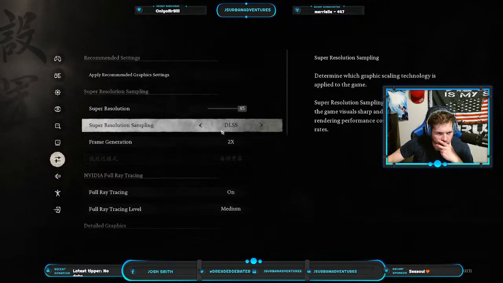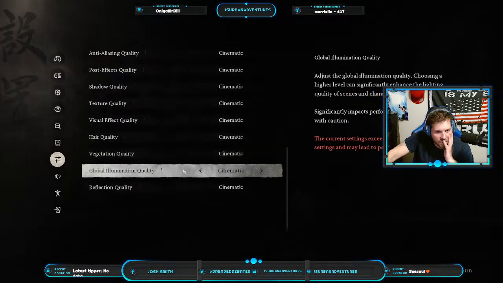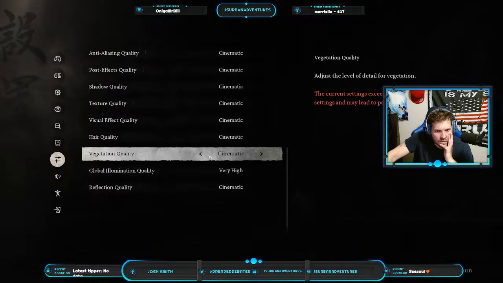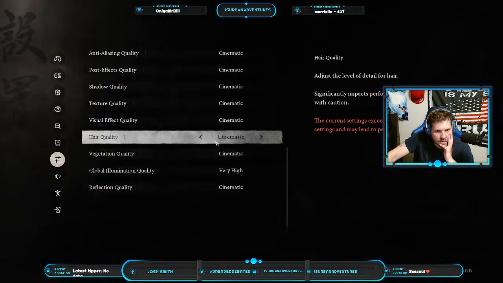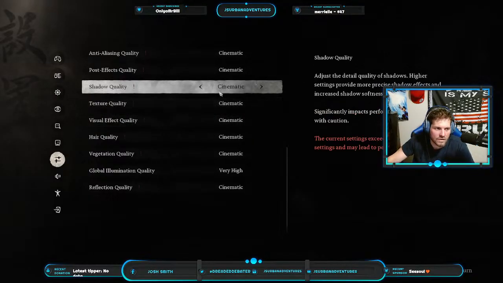Global illumination. Illumination quality. Significantly. Texture quality.